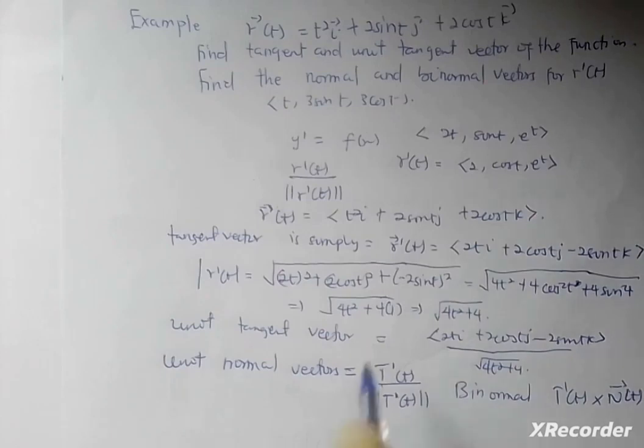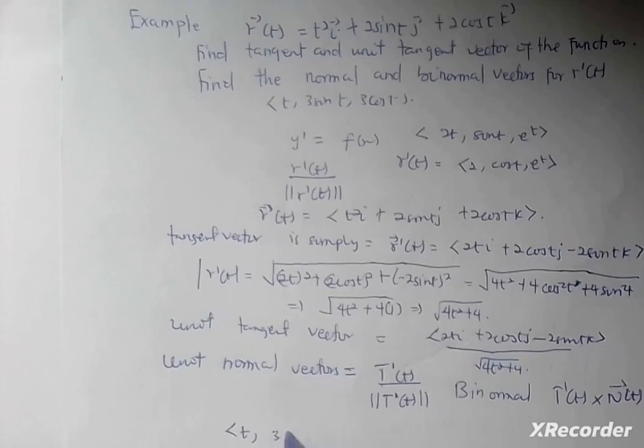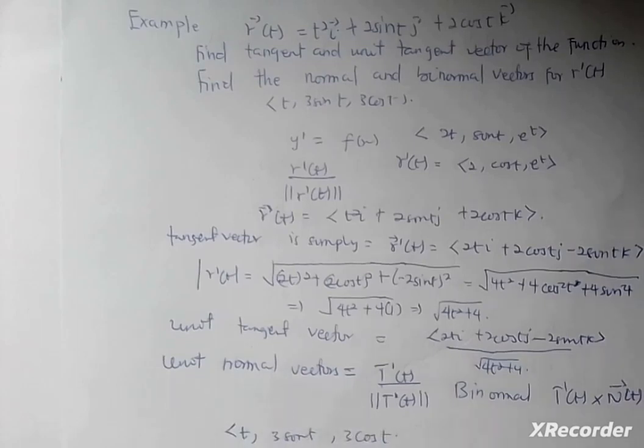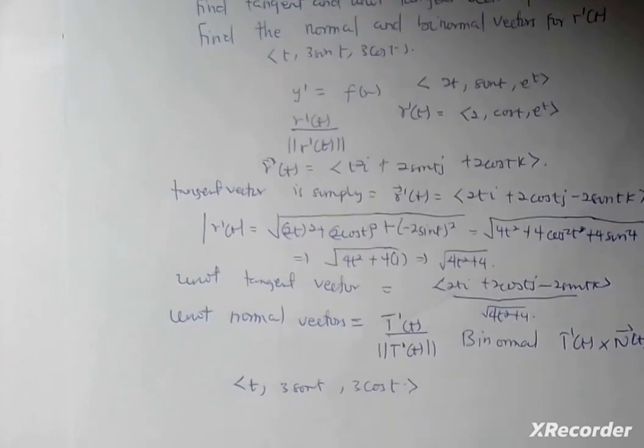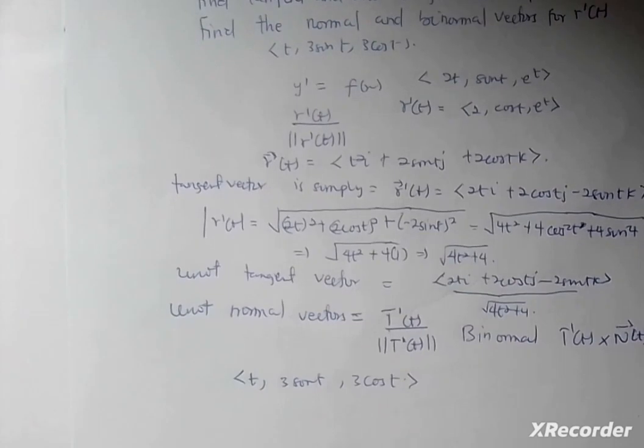Now let's see this. To find the normal vector of r(t) = (t, 3 sin t, 3 cos t), I would have to first find my tangent vector.